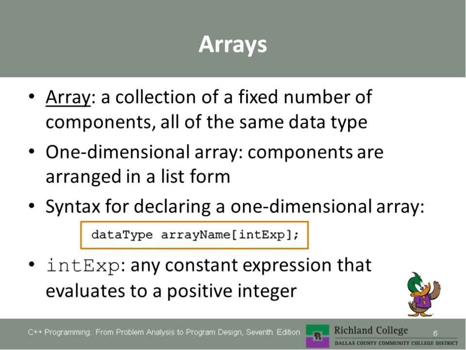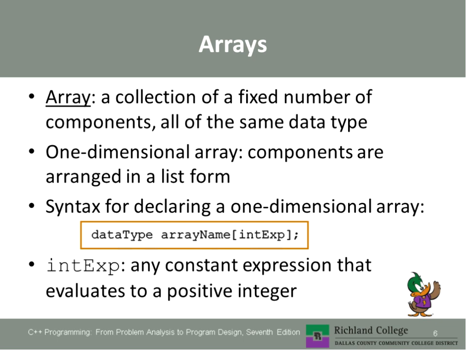So an array is a collection of a fixed number of components, all of the same data type. So the data type is the one single type of data. In a one-dimensional array, components are arranged in a list form.